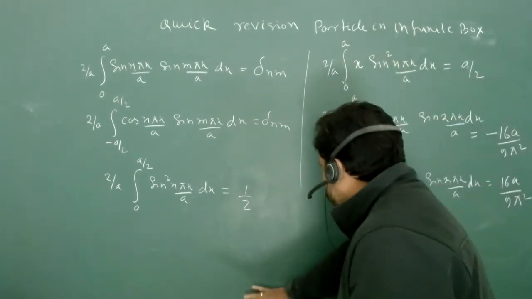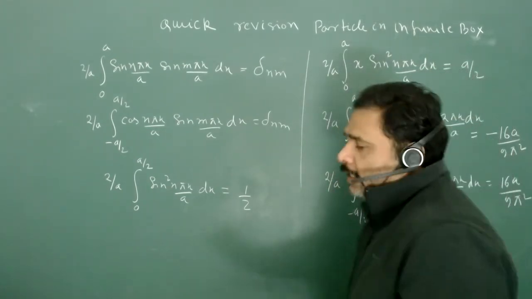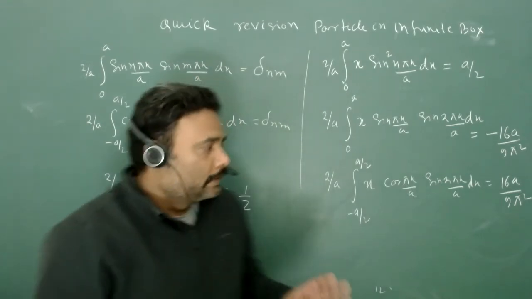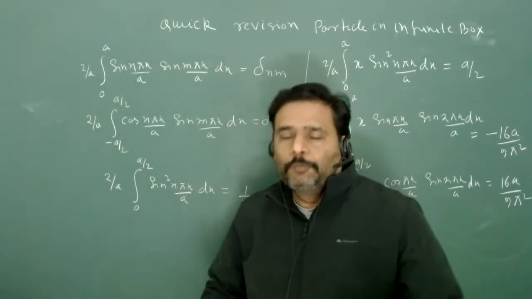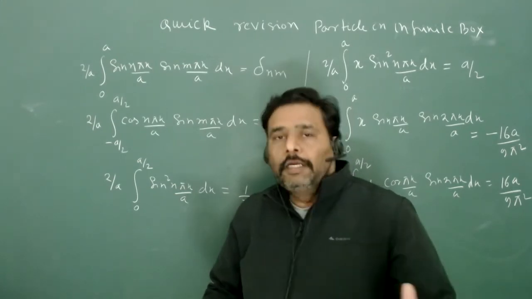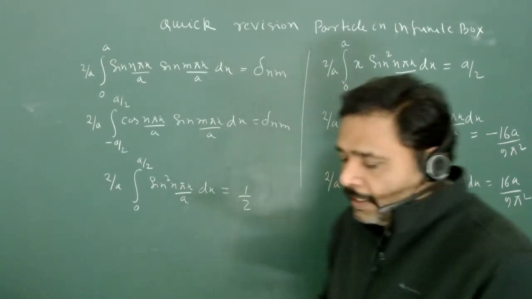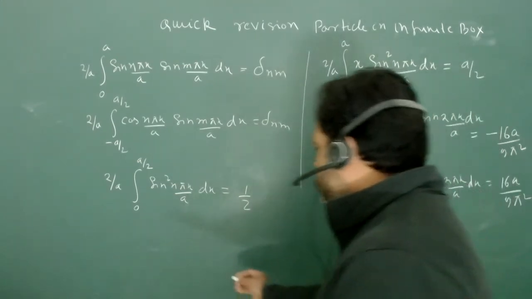Another integration is also very important when you are going to calculate some superposition. Let's say the ground state and first excited state have superposition, and you need to calculate probability density also. Then this integration is very useful.